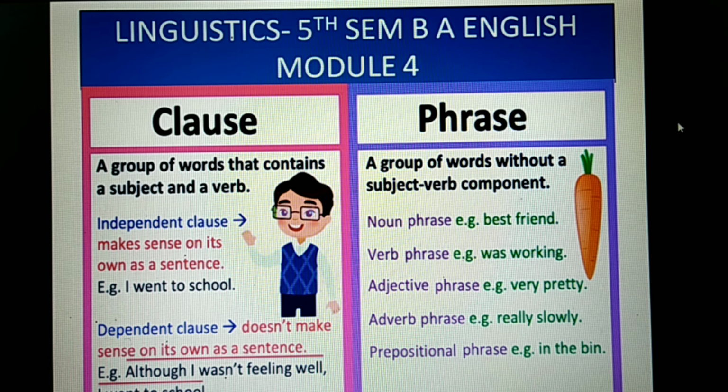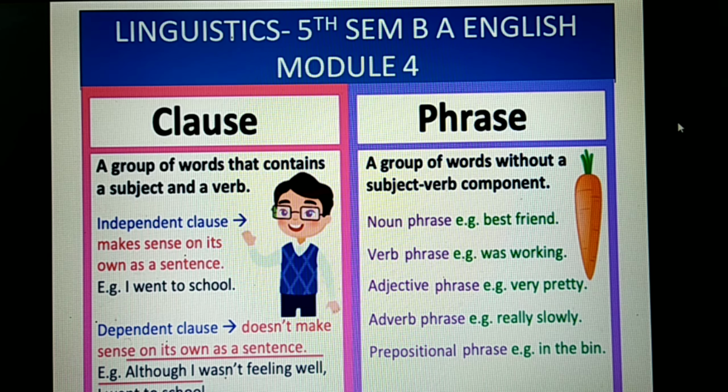A clause is a group of words that contains a subject and a verb. Independent clause makes sense on its own as a sentence. I went to school. It's an independent clause and it is a sentence. Dependent clauses don't make sense on their own as a sentence.